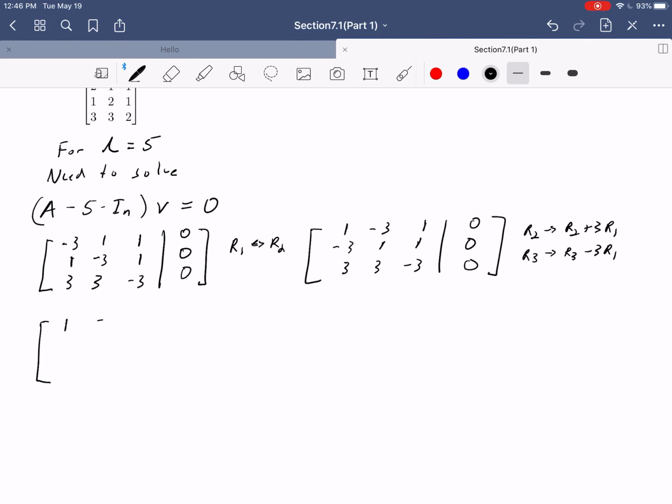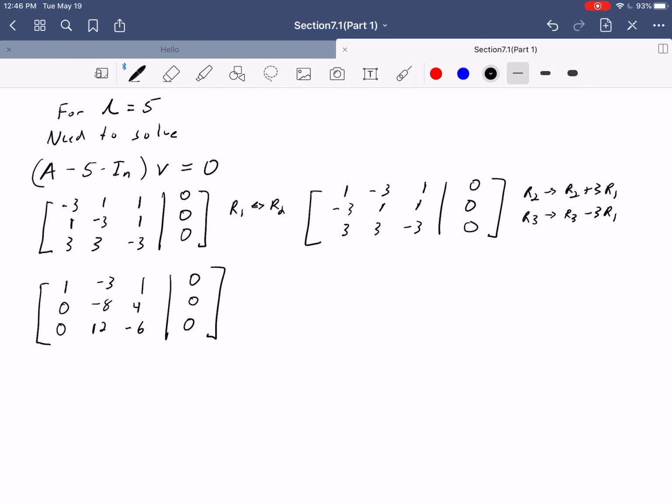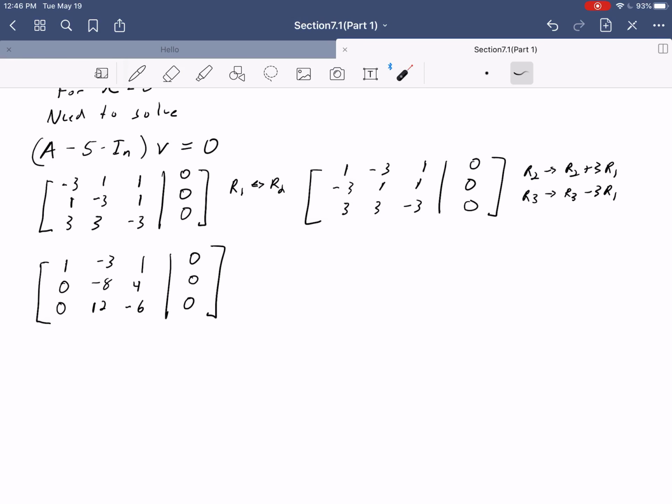So we'll get 1, minus 3, 1, and then 0. And then 0 looks like negative 8 and 4, and 0. And then down here we'll get 0, minus 3 minus 9 is 12, and then minus 3 and minus 3, so minus 6, 0. All right, maybe a little bit hard to see, but actually this guy and this guy are scalar multiples of each other.